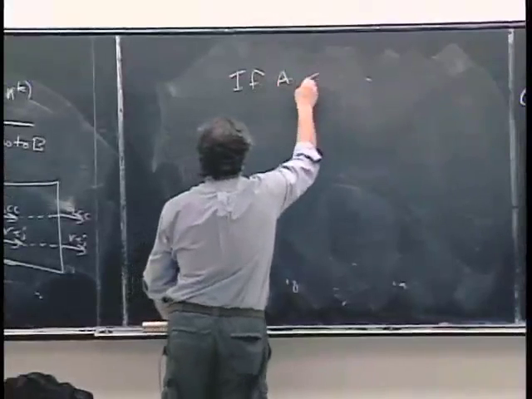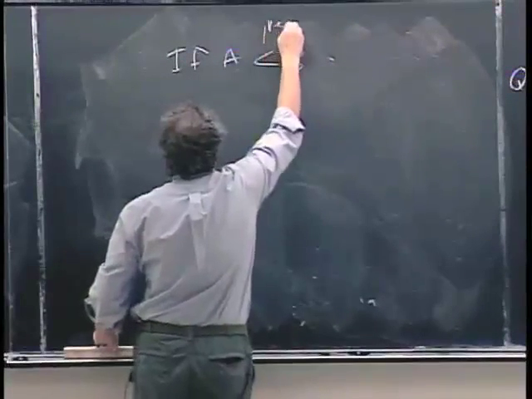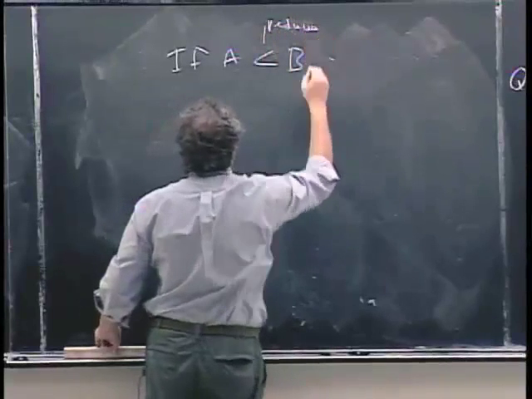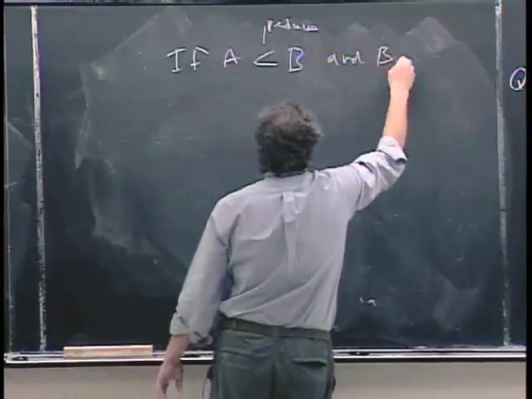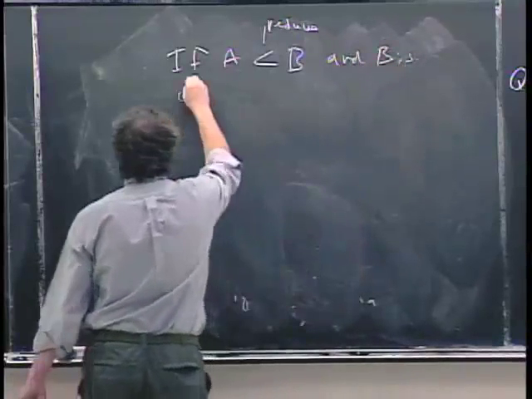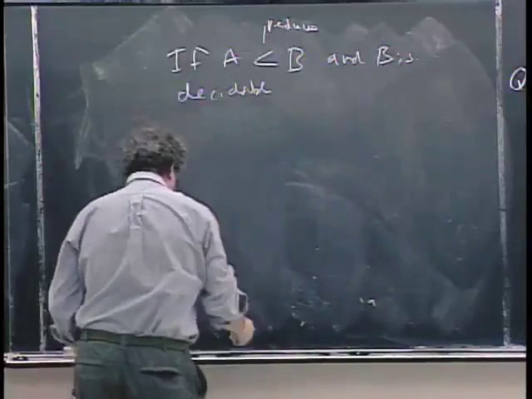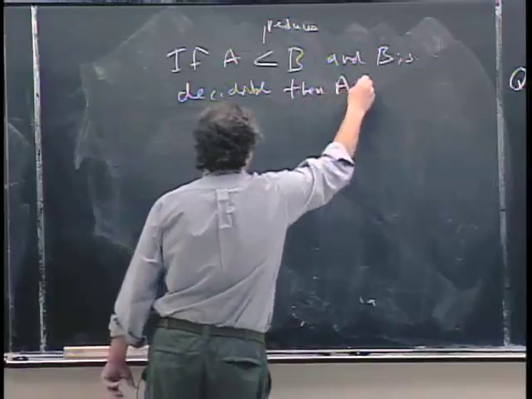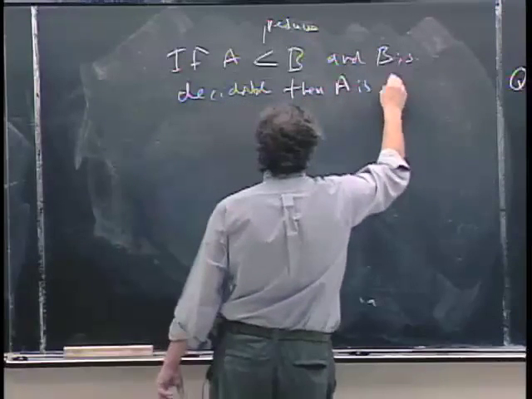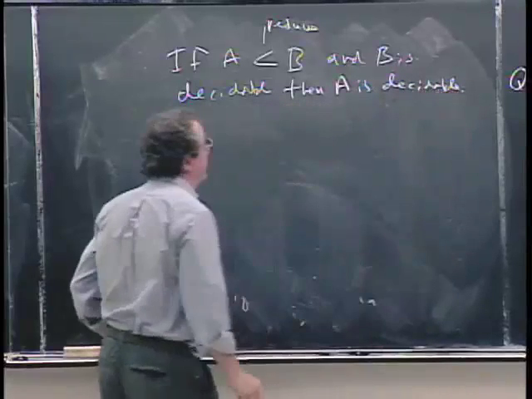And we said, if A reduces to B, and this is some notation that we hadn't used before, and B is decidable, then A is decidable. Okay?